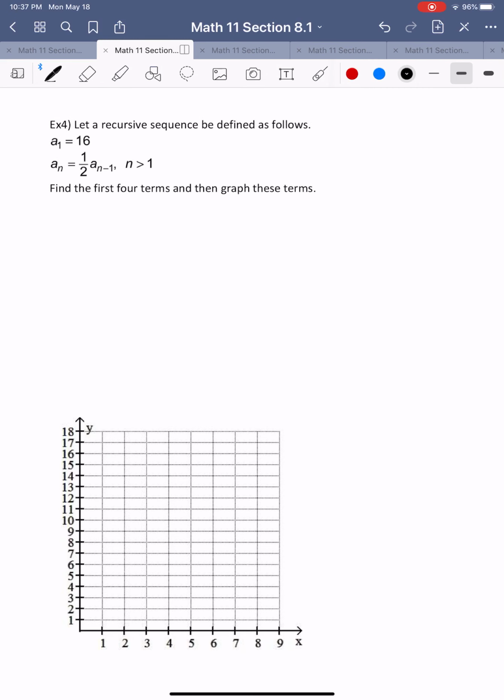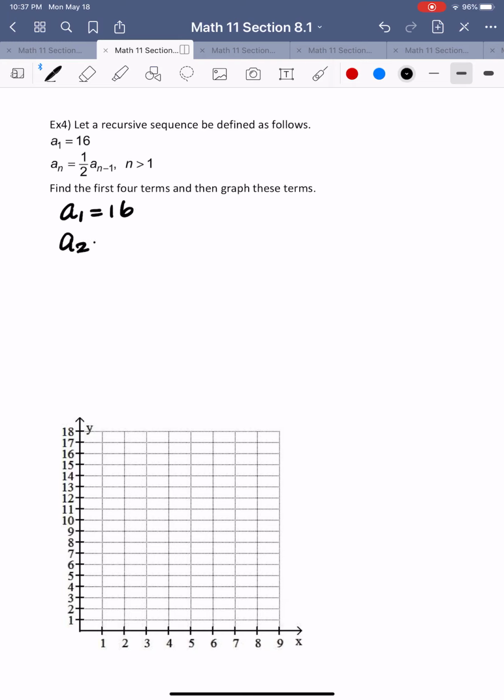Let a recursive sequence be defined as the following. So a sub 1 is 16, and in following terms, you multiply half of the previous term. So find the first 4 terms and then graph these terms, okay? So a sub 1 is 16.